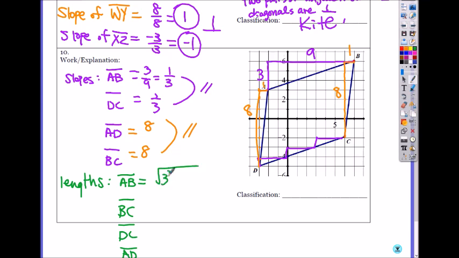It's 3 squared plus 9 squared, which is square root of 9 plus 81, 90. Let's just leave it as it is. BC, the next one, is 8 by 1. So it is 8 squared plus 1 squared, which is 64 plus 1, 65. DC, 1, 2, 3.